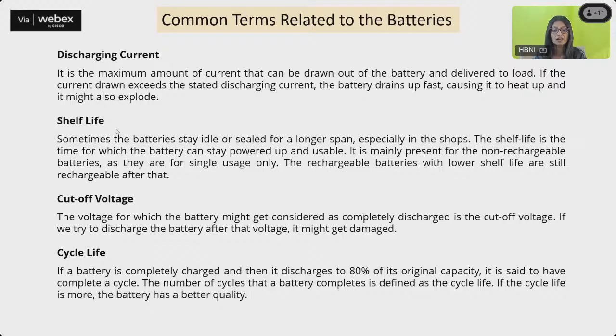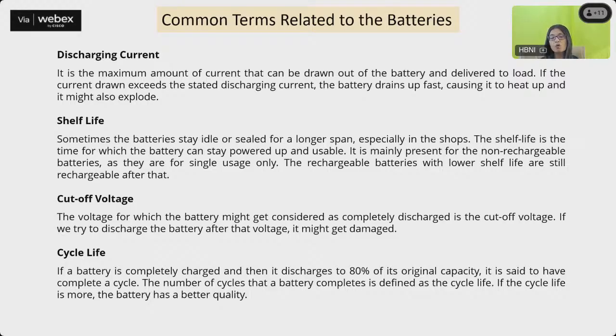Then shelf life. Sometimes your battery stays idle or sealed on the shelf for a very long span, especially in the shops, and it continues to self discharge. It can stay powered up and usable only up to a certain level. If it self discharges to a very high extent, then obviously you cannot use that battery.